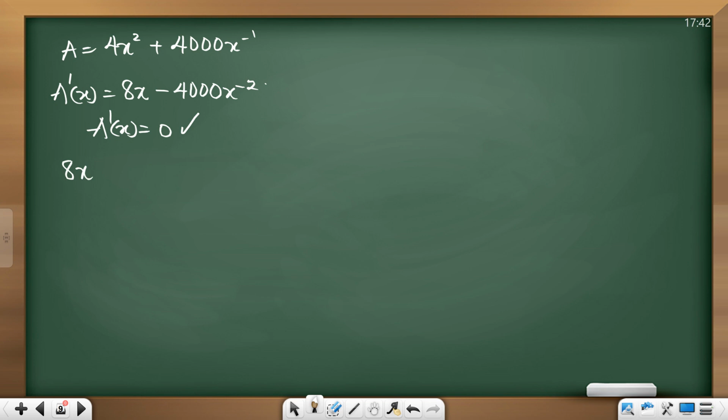What do we have? 8x minus 4000 over x squared equals 0. What would you do? Multiply everything by x squared to get rid of it.